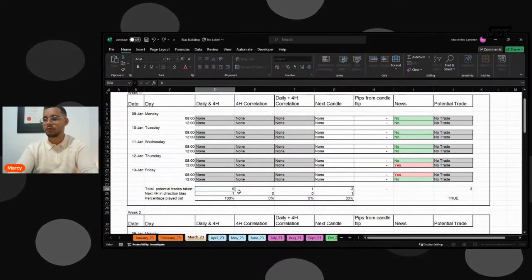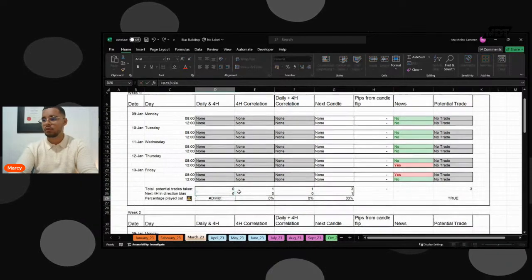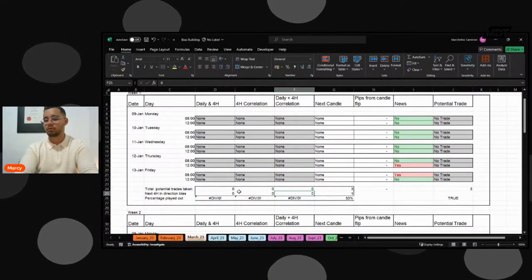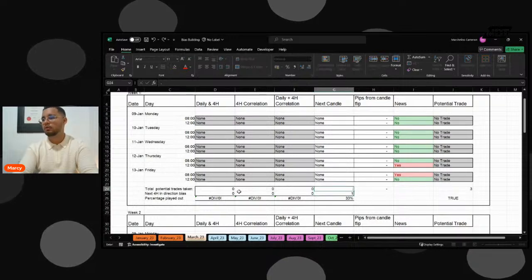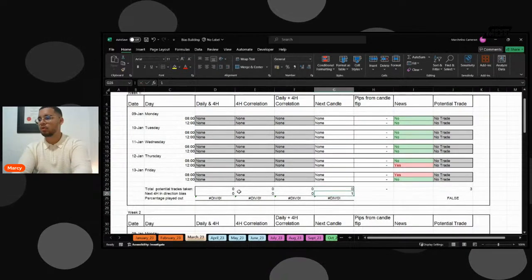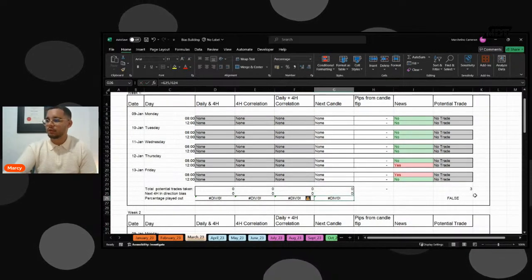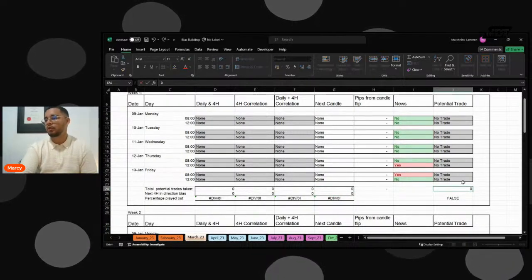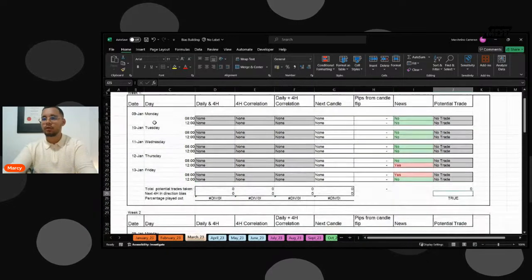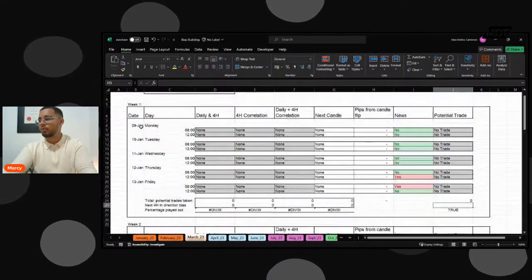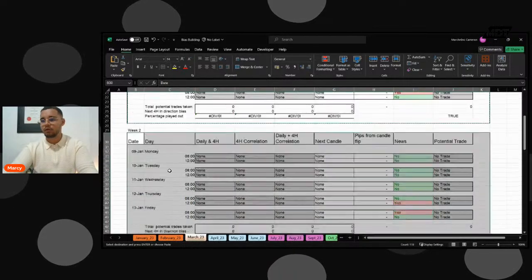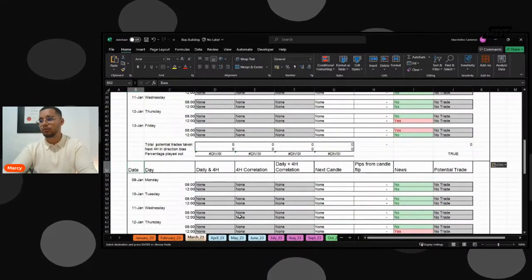Make this 0, 0, 0, 0, 0, 0. And now you can see that this is false because this does not align with that, which is perfect in my opinion. So let's copy this and paste it right here, because this is the new formula that we'll be using.